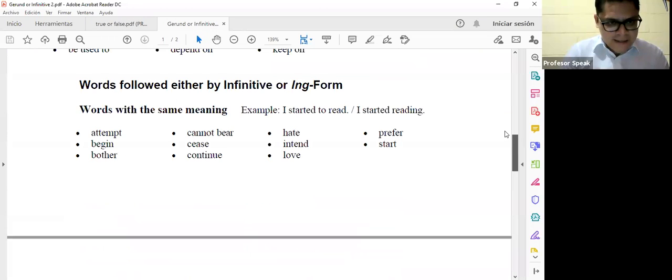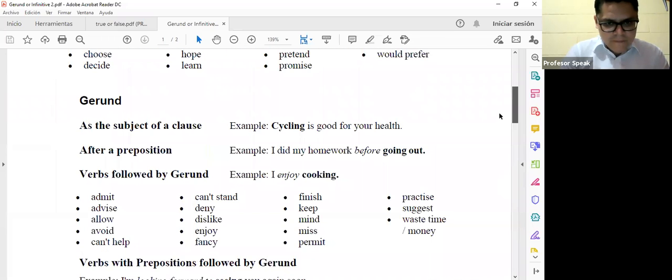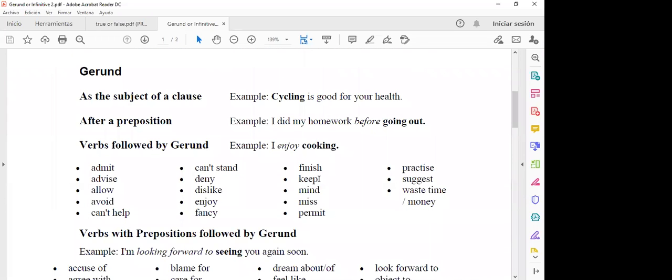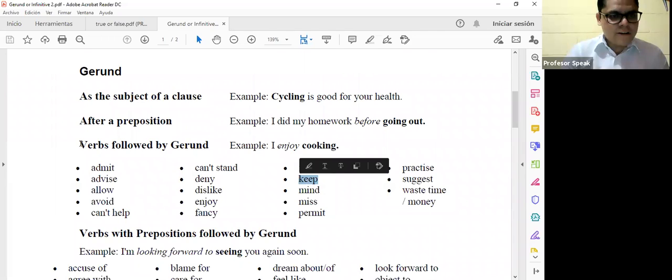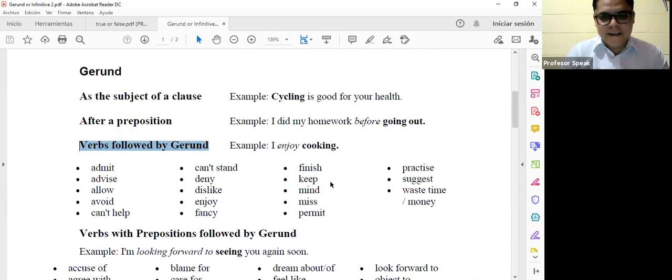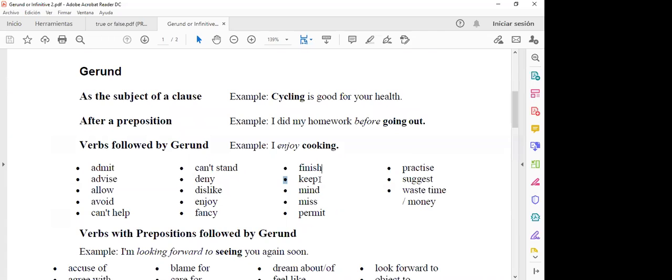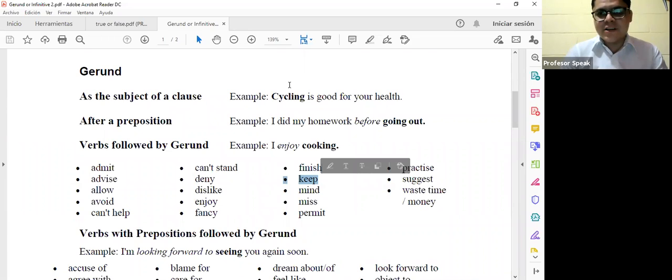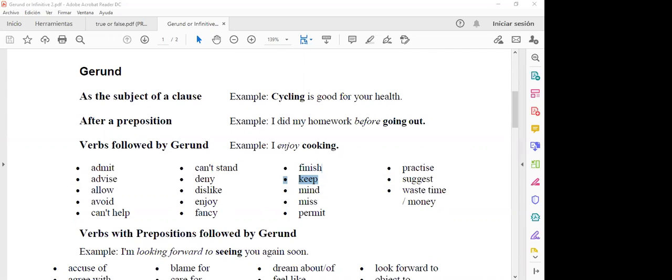Let's look at the list. Oh, you have it right here. Look. Verbs followed by a gerund. Keep. Okay, so keep is followed by a gerund. Do you know the meaning of keep? Mantener.